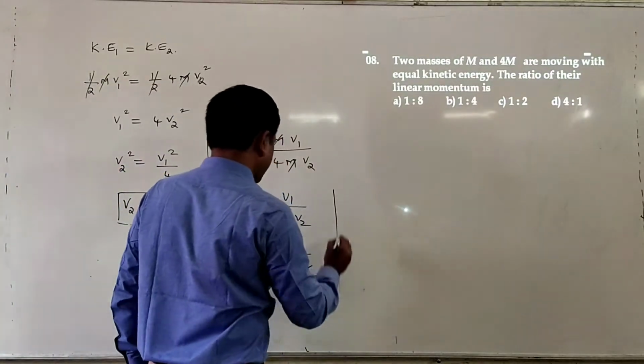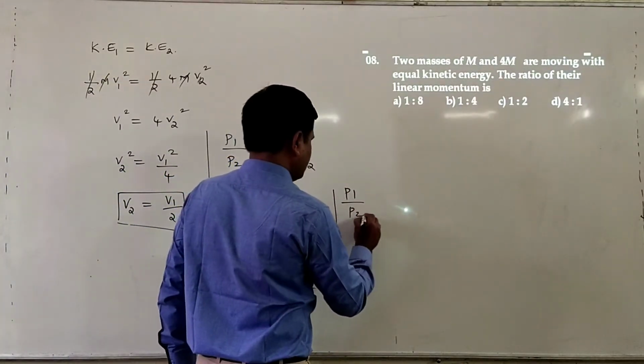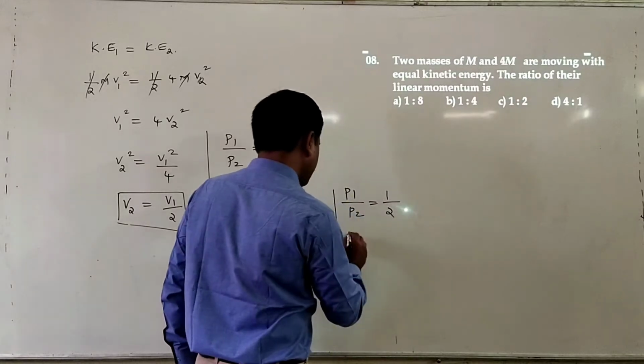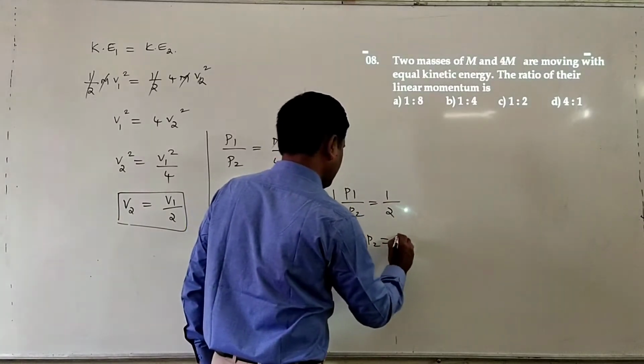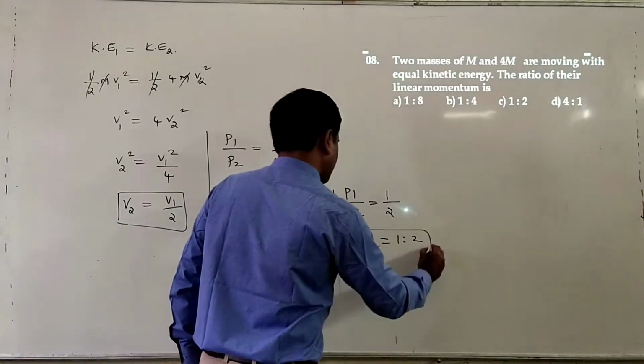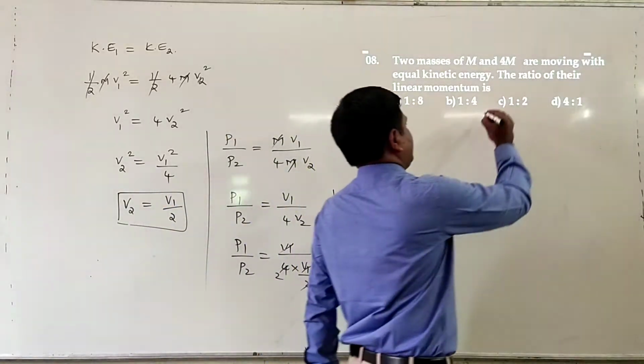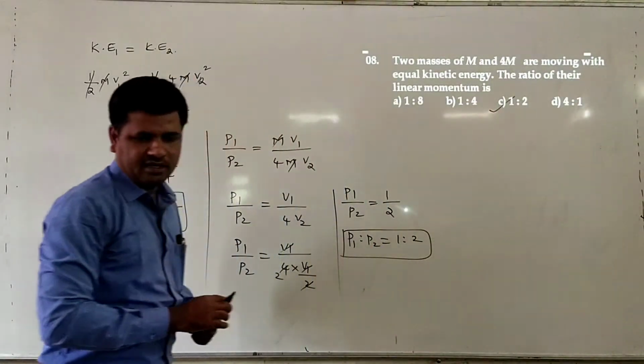Now we are getting p1 by p2 is equal to 1 by 2. So p1 is to p2 is equal to 1 is to 2. Which option is correct here? C option is correct.